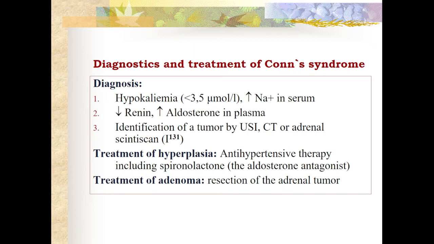Diagnosis of Cone syndrome or primary hyperaldosteronism is based on hypokalemia less than 3.5 millimole per liter, increased sodium in serum, decreased renin, and increased aldosterone in plasma. Instrumental methods help us identify a tumor.